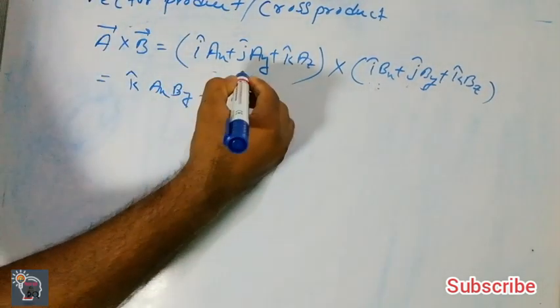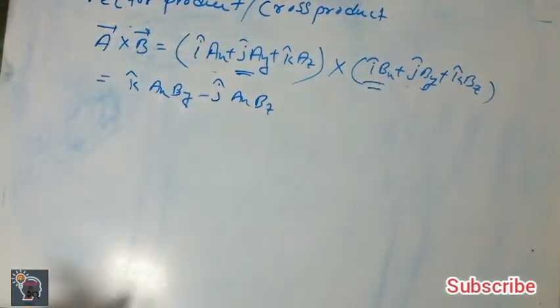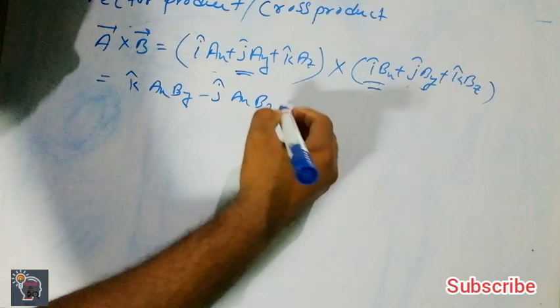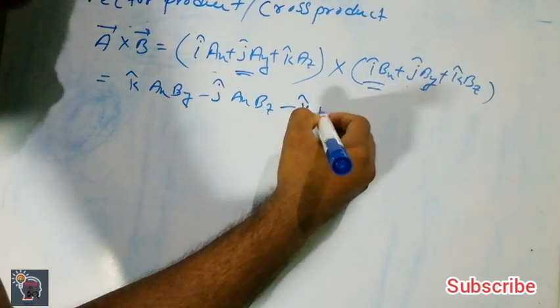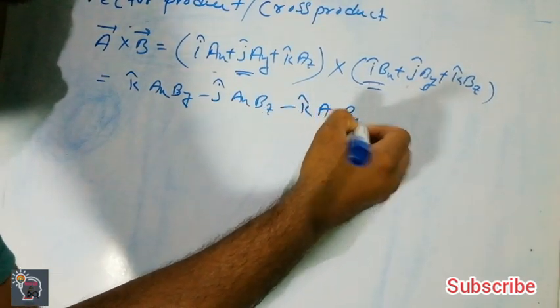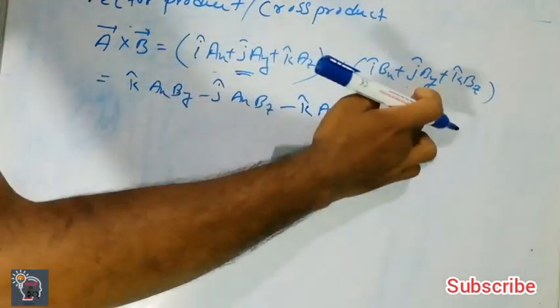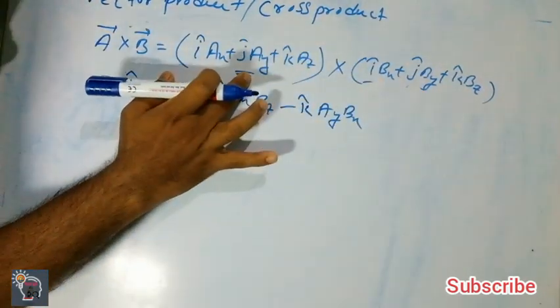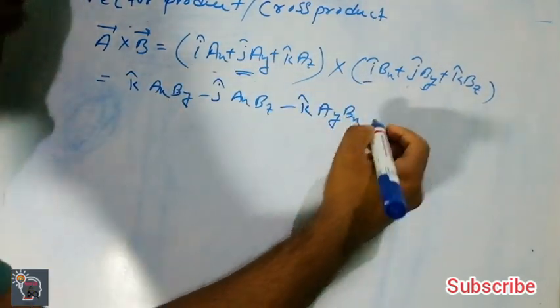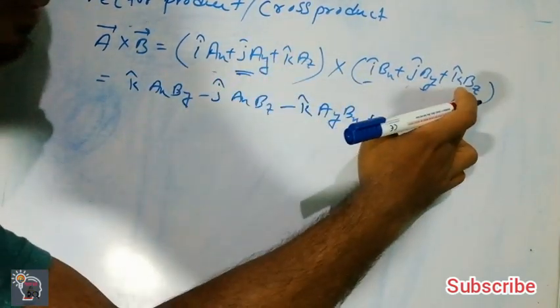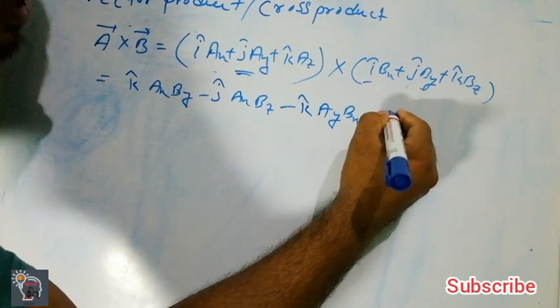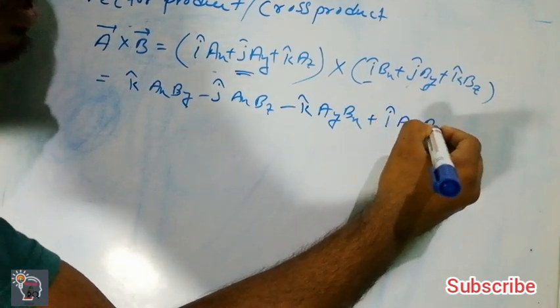Now I have to cross between j and i. j cross i, that means minus k cap. Minus k cap Ay Bx. And again j cross j is equal to 0. j cross k is equal to plus i. So it becomes i cap Ay Bz.